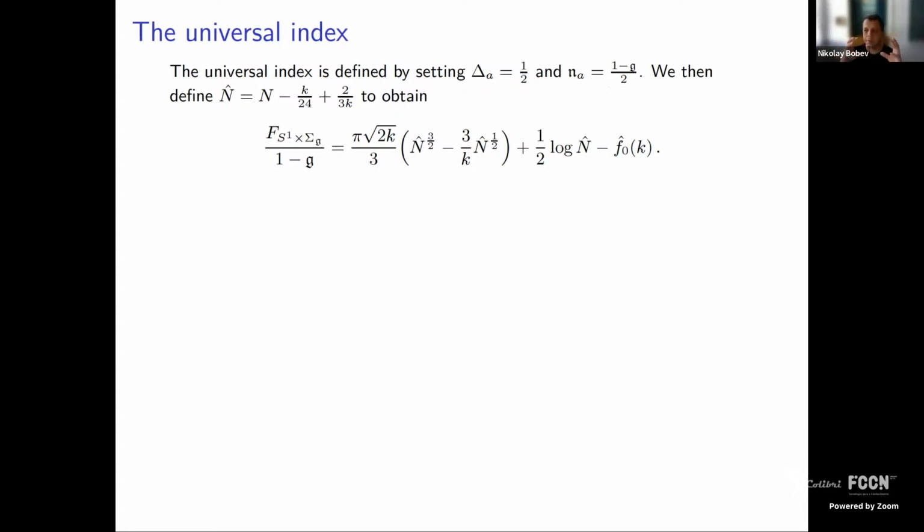When you put the ABJM theory on this S1 times Riemann surface, you must switch on an R-symmetry gauge field, as was explained also by Dario. That is a must, and everything else is an option. Everything else is what Dario called mesonic twists and so on. These flavor symmetries are additional things that you can or cannot switch on, up to you.